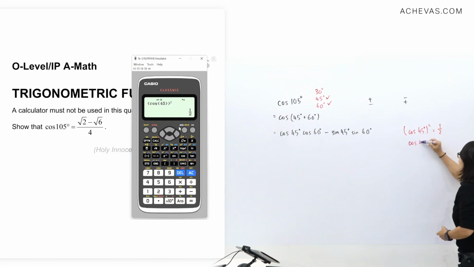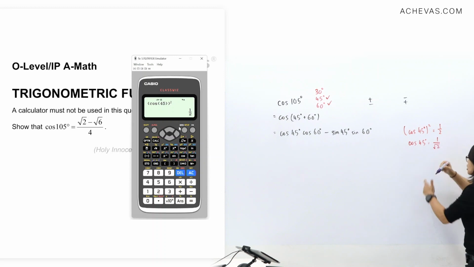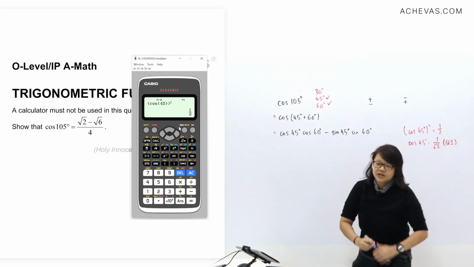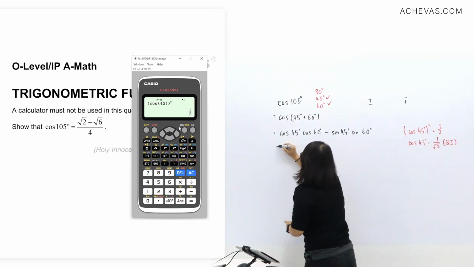Which means I'm going to take a square root. My answer is going to be 1 over square root 2, positive because this angle is in quadrant 1. So I know that cos 45 here is going to be 1 over square root 2.